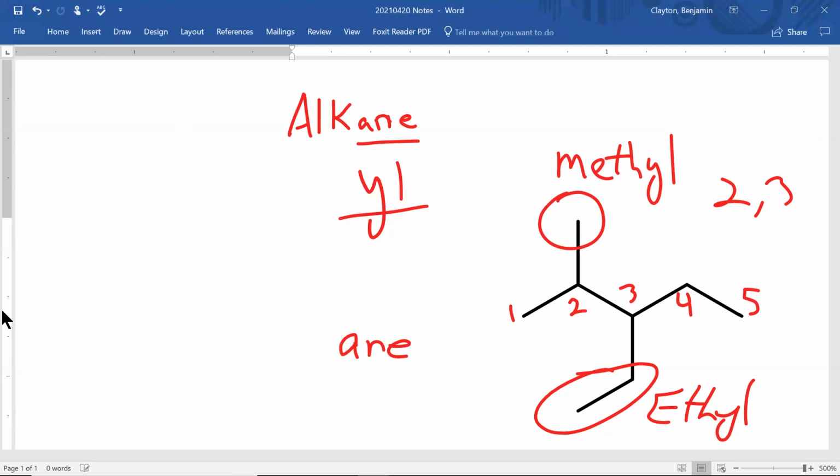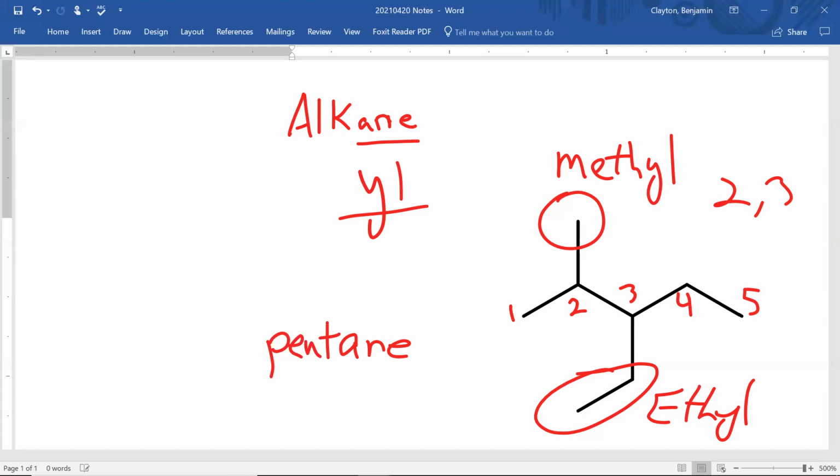Typically for most organic chemistry 1 classes, you will need to memorize those names out to about 12 carbons. So 1 to 12 carbons, you need to memorize meth, eth, prop, but, all the way on out there. Look at that table and memorize it. But here we have 5 carbons, and so that is a pentane.